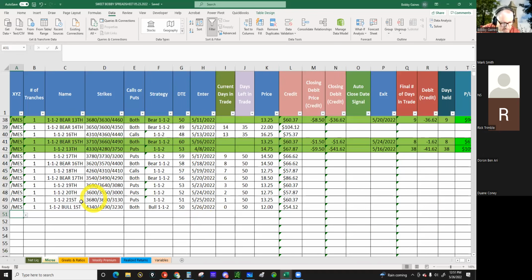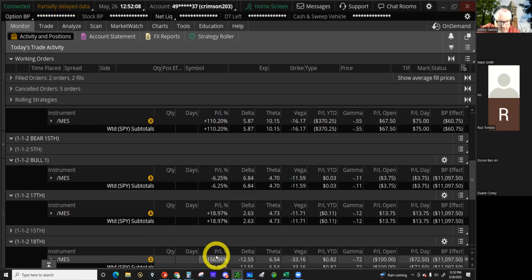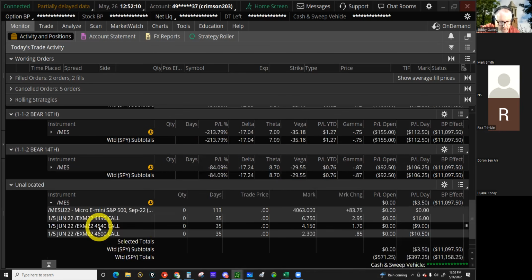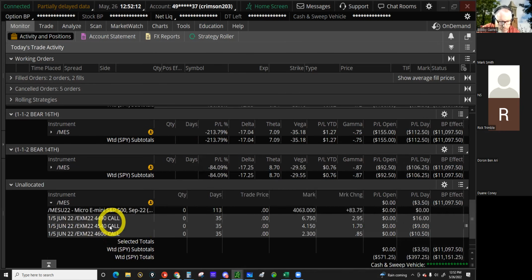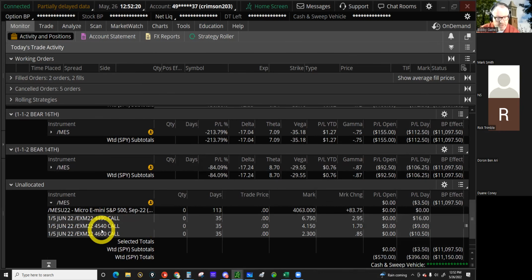Please be 112 5th. Okay, here's the 112 5th, which was the 4490, 4540, 4600. Let's see if that was it. And we just closed the 4490, 4540, 4600. That's it, isn't it? Yes. Okay, praise the Lord. Oh, got me all in a tizzy. So it's the 112 5th.